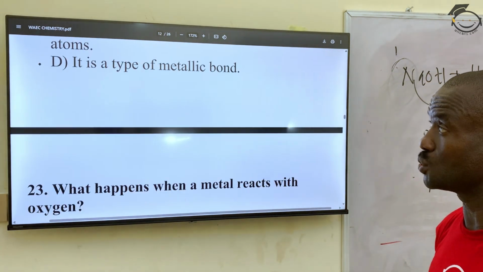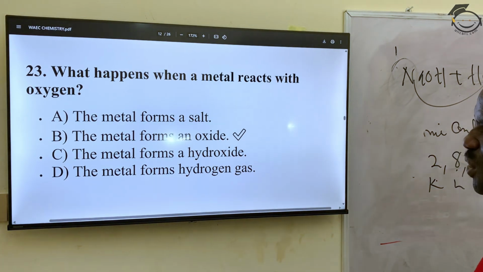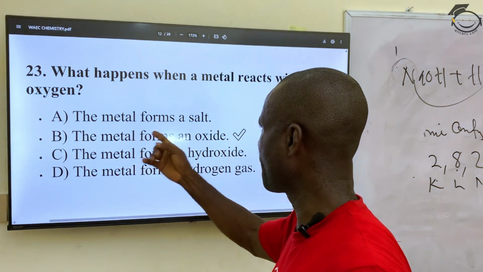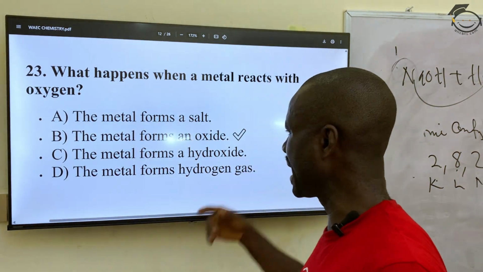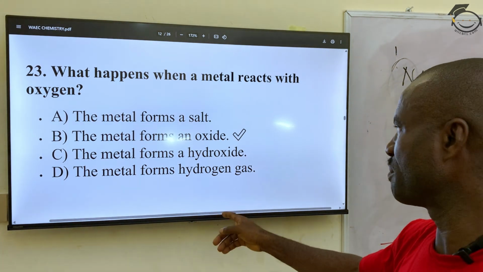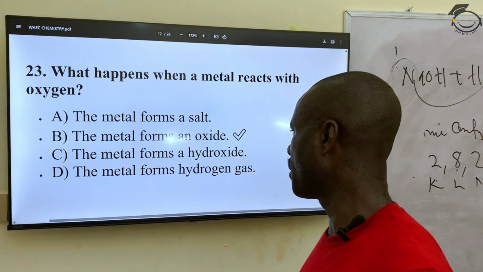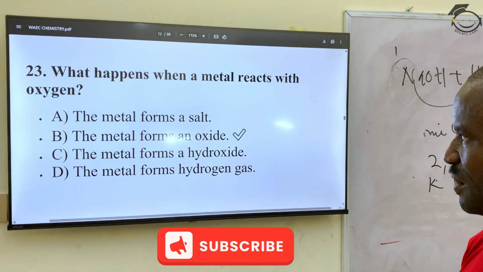Question 23. What happens when a metal reacts with oxygen? When a metal reacts with oxygen, the metal forms a salt, the metal forms an oxide, the metal forms hydroxide, the metal forms hydrogen gas. The metal forms an oxide of the metal.